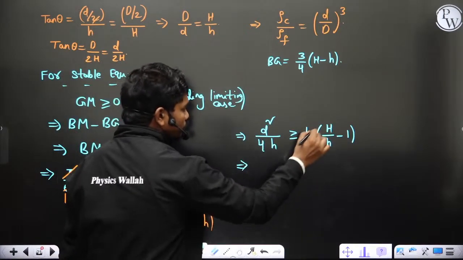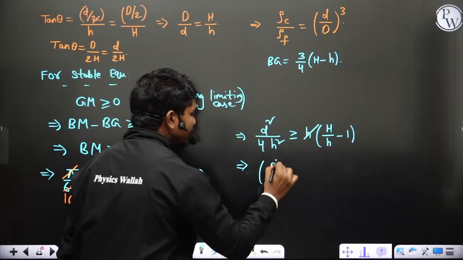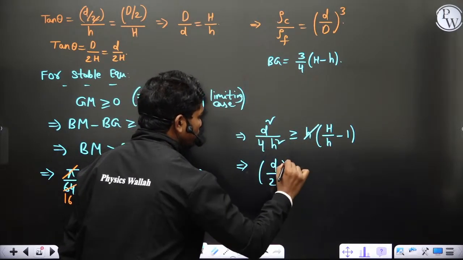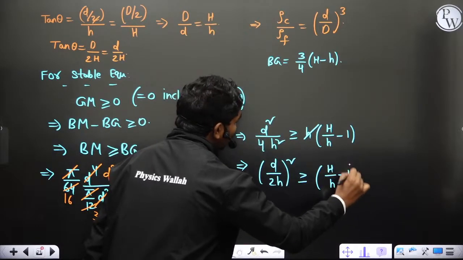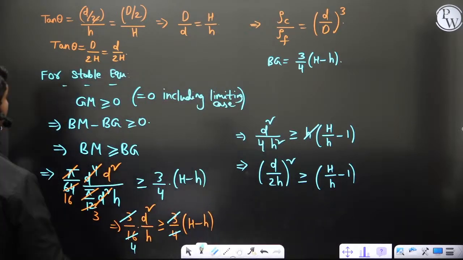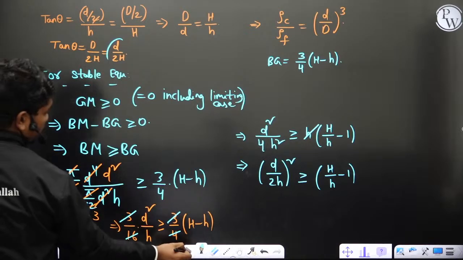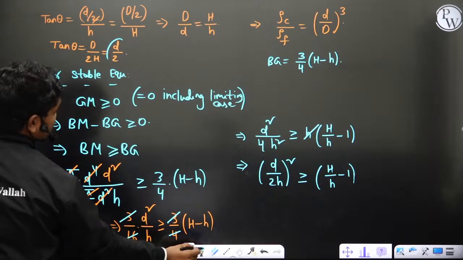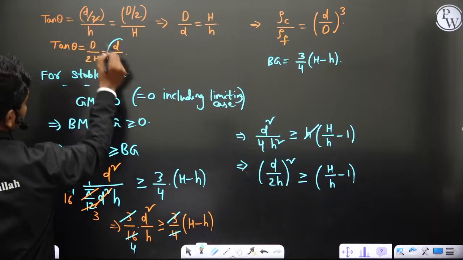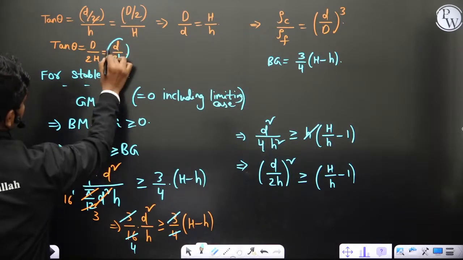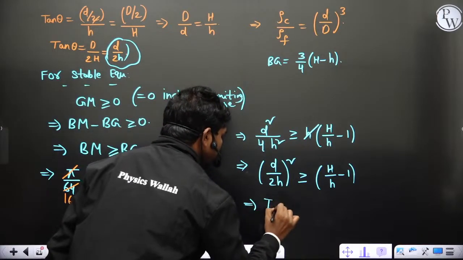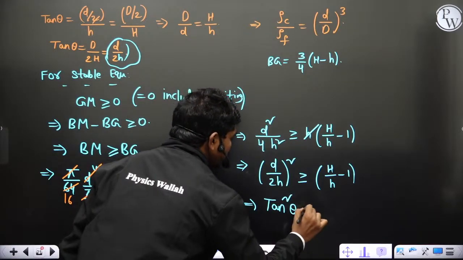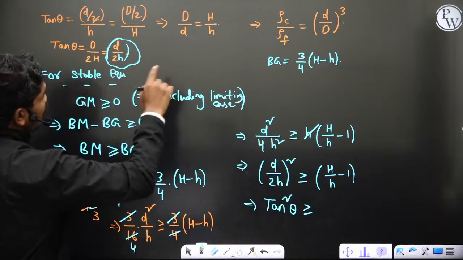If you bring this h here, this is like d by 2h whole square should be greater than or equal to H by h minus 1, is what you can write. Now what is d by 2h? This is small h, sorry, because small d by 2h is what you have. So d by 2h is actually tan theta. So tan square theta should be greater than or equal to capital H by small h.